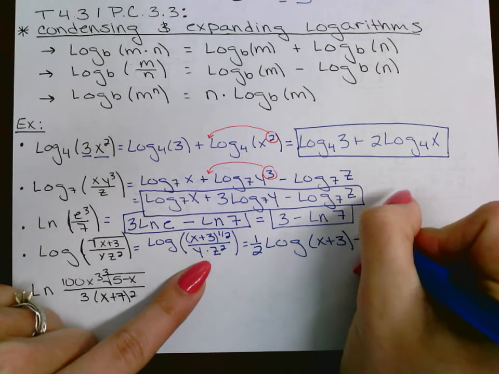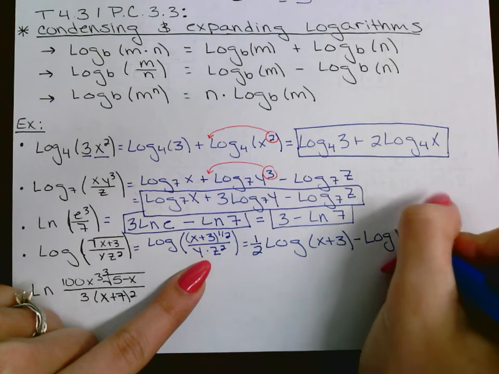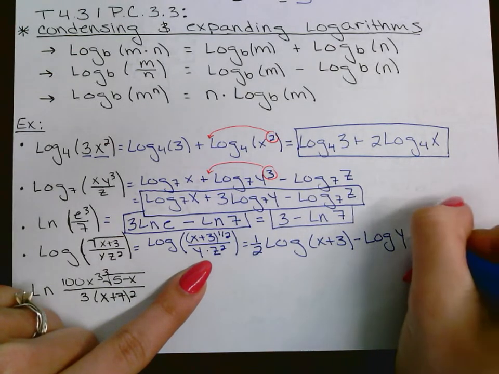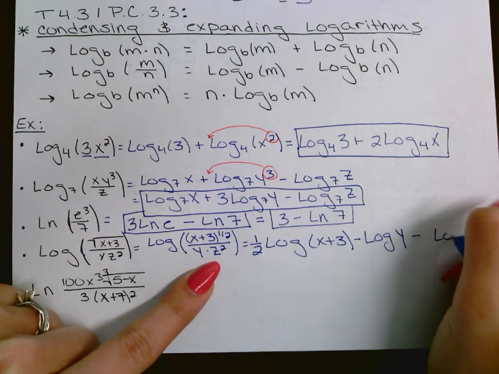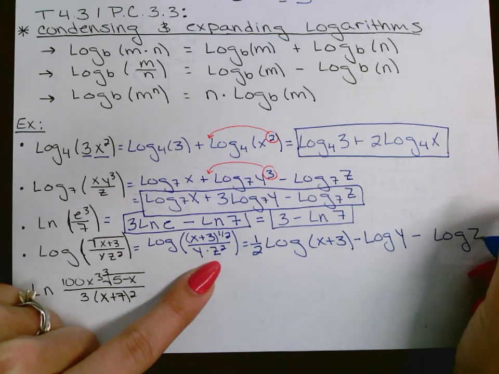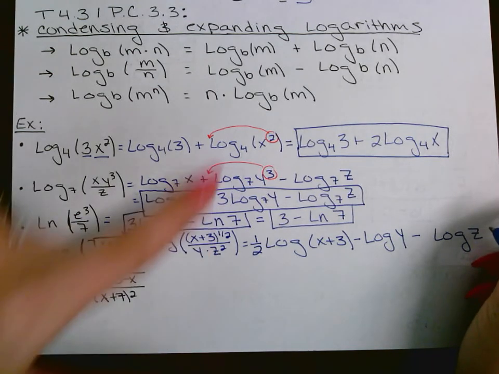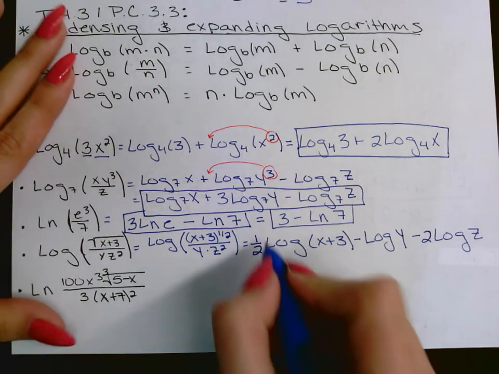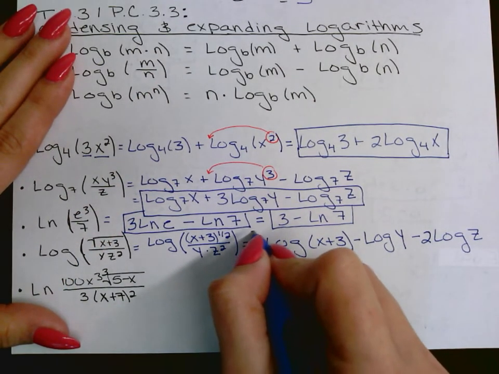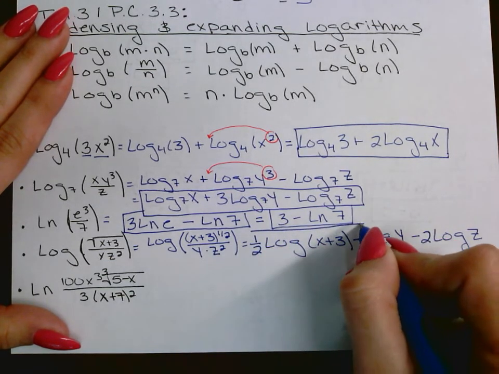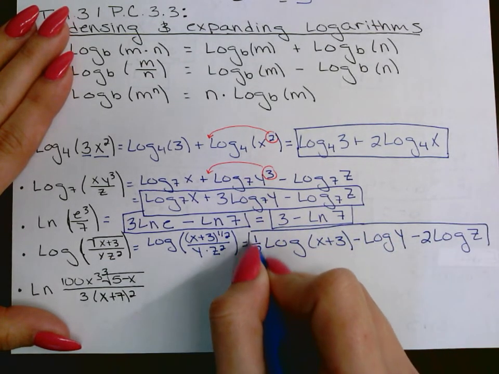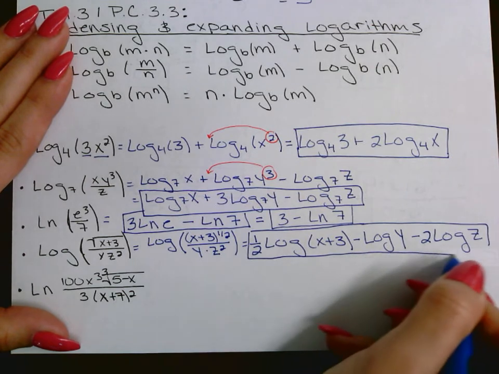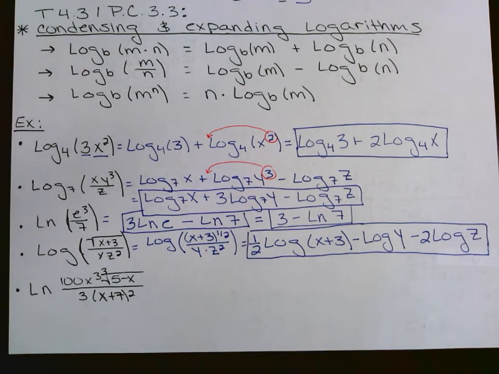I will say minus log of y and minus log of z. Instead of writing the squared here, I'm going to use this rule to already write the squared as a coefficient. Again, guys, if you feel like doing it all in one shot is too much, take one rule at a time.